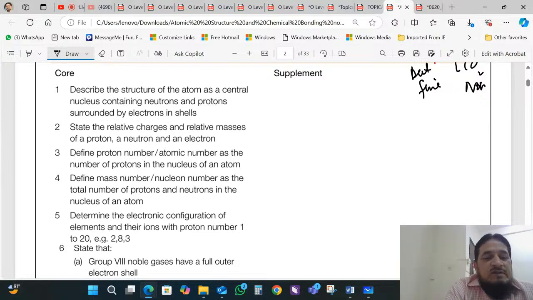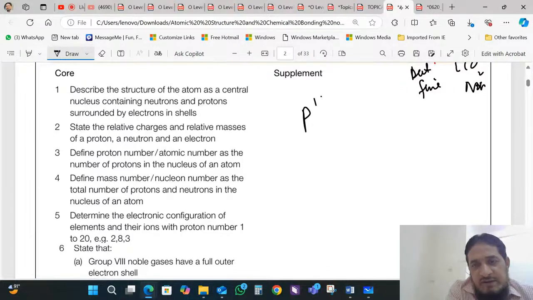We have studied it in school, but I would like to revise with a simple atom. Like phosphorus, this number and this number will be given to you. This number is known as the proton number, represented by a small z.